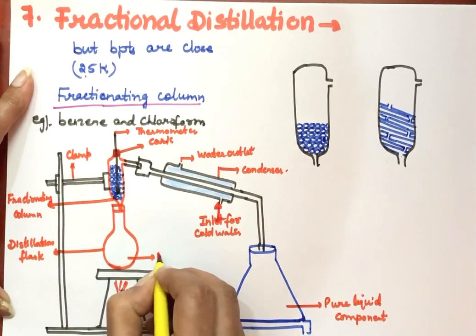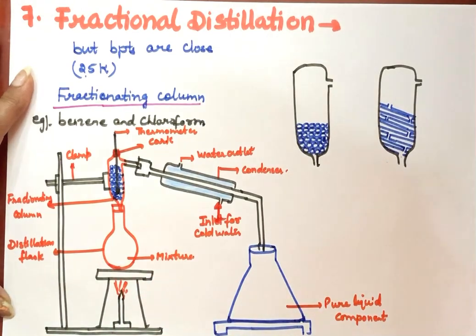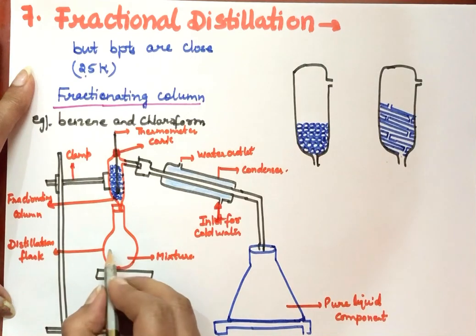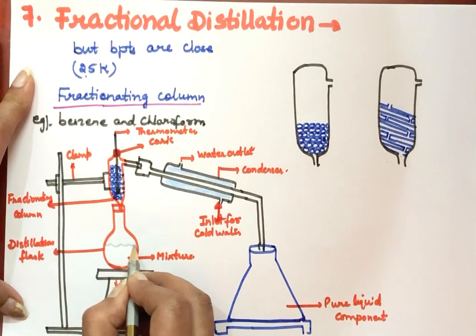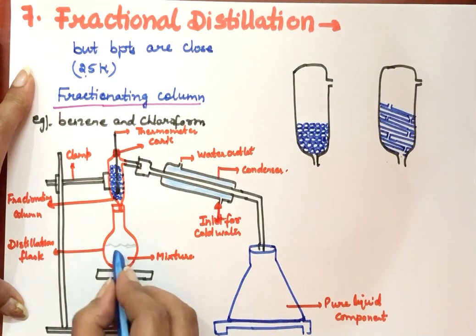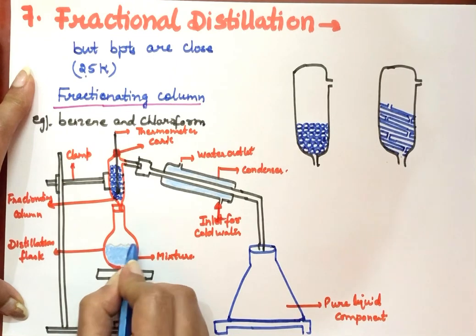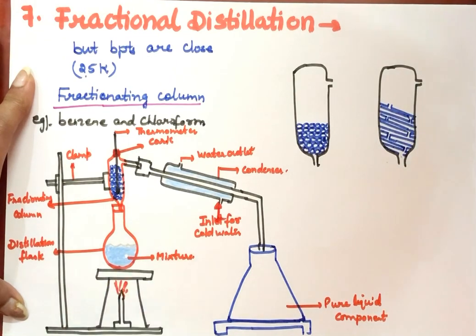In the distillation flask, we'll take a mixture. Now the mixture here is of two liquids, that is benzene and chloroform we are taking here. And then we collect a pure liquid here on this side also.